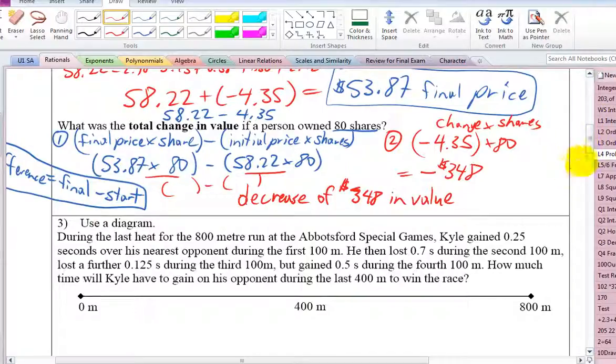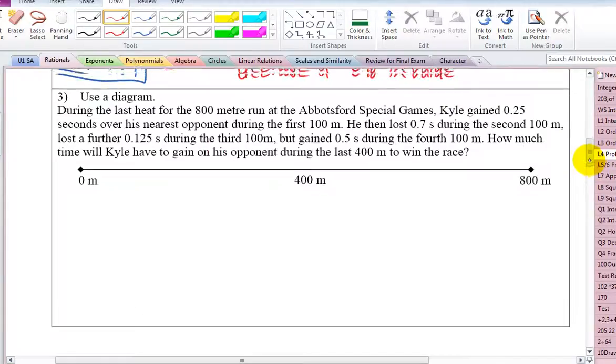Okay, let's go to the race now. Kyle's running Special Olympics. It's 800 meters. So what we have to do is break this up because they're talking about 100-meter increments. So this would be the first 100 meters, then the second 100 meters, then the third 100 meters. So in the first 100, he's 0.25 seconds ahead, plus.